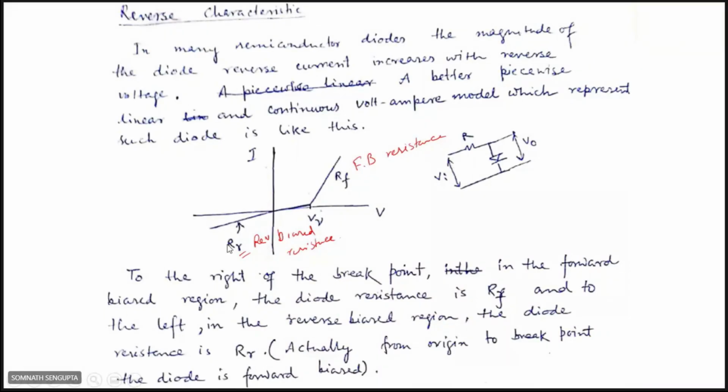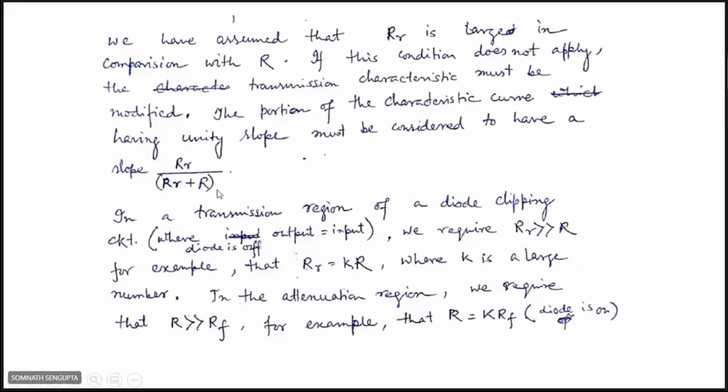So it will have some slope of R by RR plus R. Generally the series resistance we use is R. The reverse bias resistance may be some orders of R, very high, so RR is very much higher than R. Let us say we use some constant K, so that it is K times R, for example.